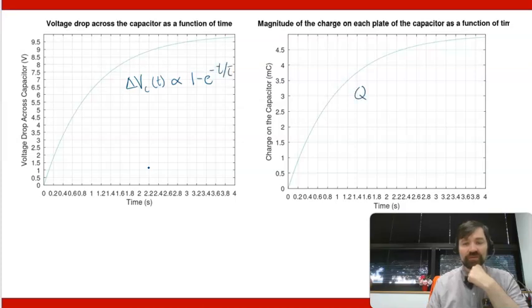And Q as a function of time is proportional to 1 minus e to the negative t over tau. We could say essentially Q of t is Q naught, or Q max, times 1 minus e to the negative t over tau, for example.